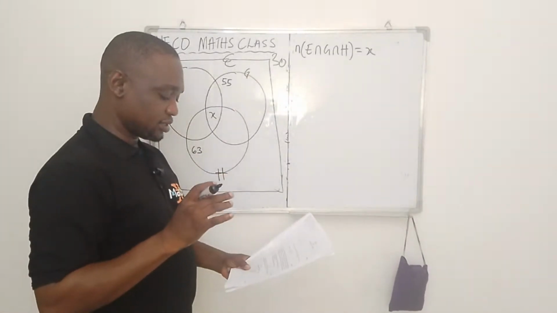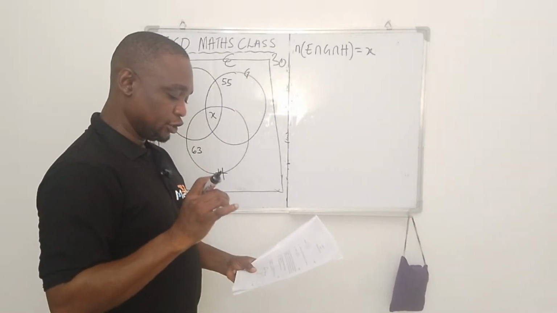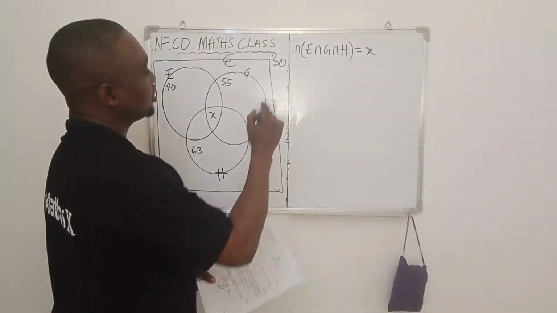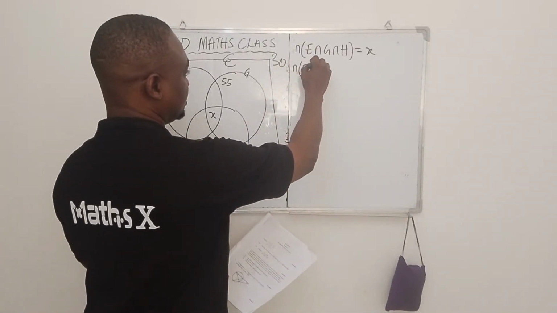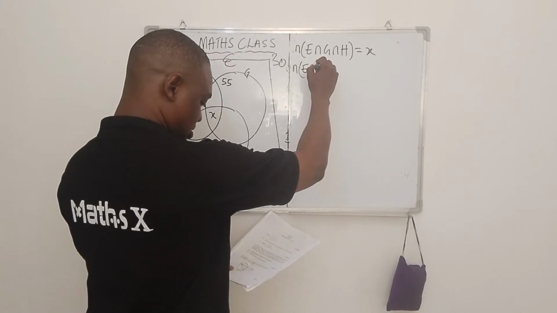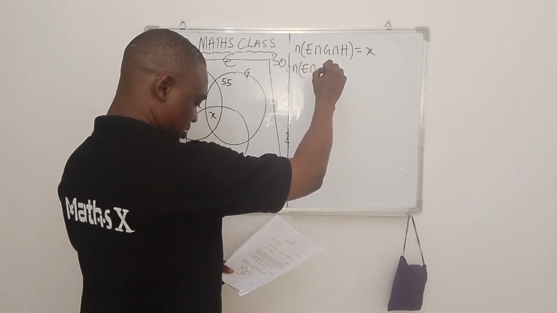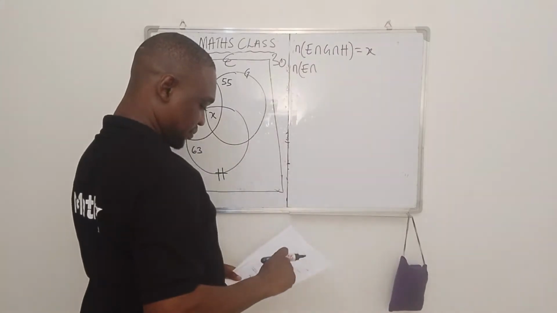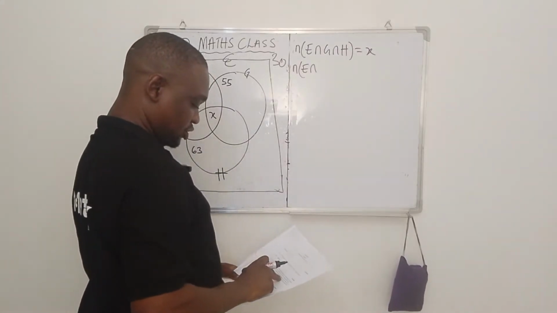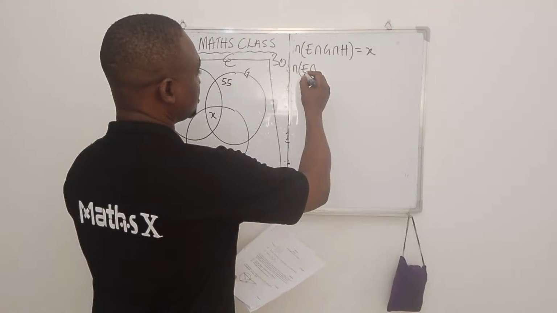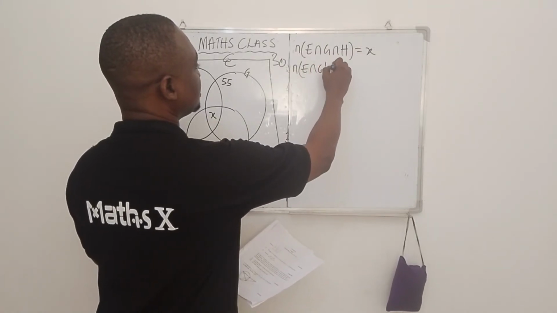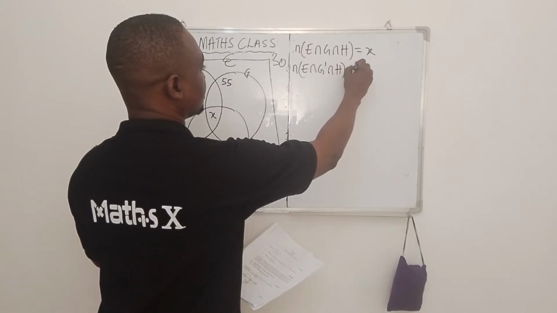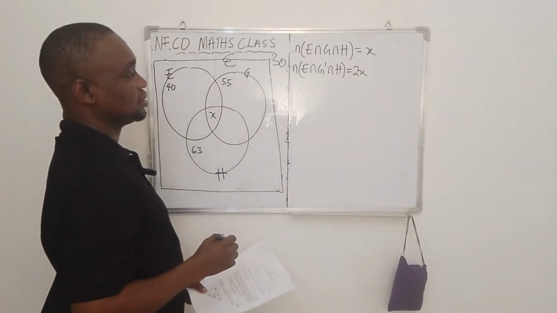Then 2X study geography and economics. So for geography and economics, that will be n of E intersection H intersection G complement. That is 2X.